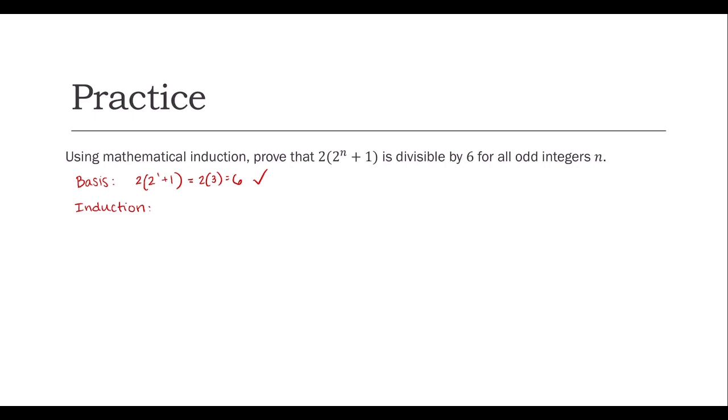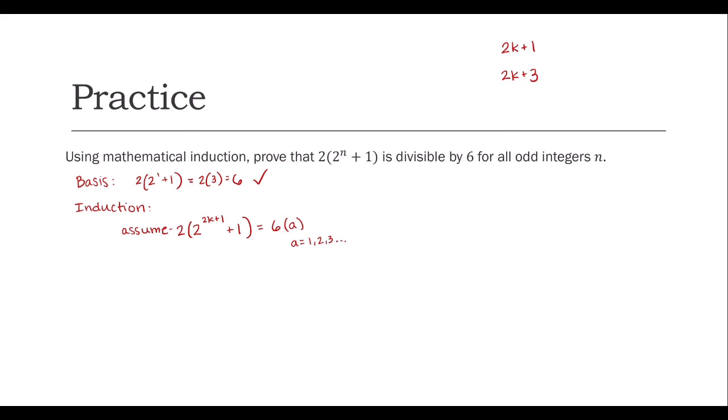So we'll start by assuming that it's true for our first odd number. So our first odd number is going to be 2k plus 1, and our second odd number is 2k plus 3. So we're going to assume that 2 times 2 to the 2k plus 1 is divisible by 6. So it's going to equal 6 times some number, we'll call it a, where a is some integer, 1, 2, 3, and so on.